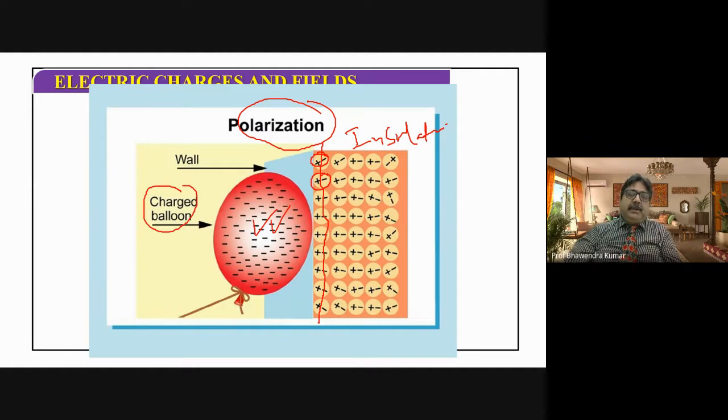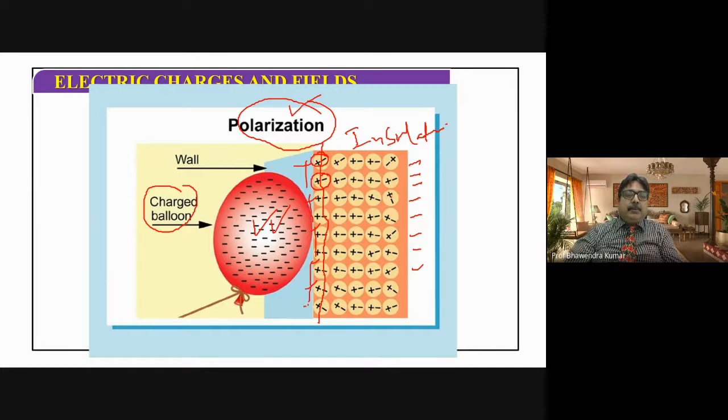charged balloon. Instead of insulator, if it was a conducting slab, then what will happen? All the electrons will get deposited on this side and all the positive charge will get deposited on this side. That will be called charging by induction.